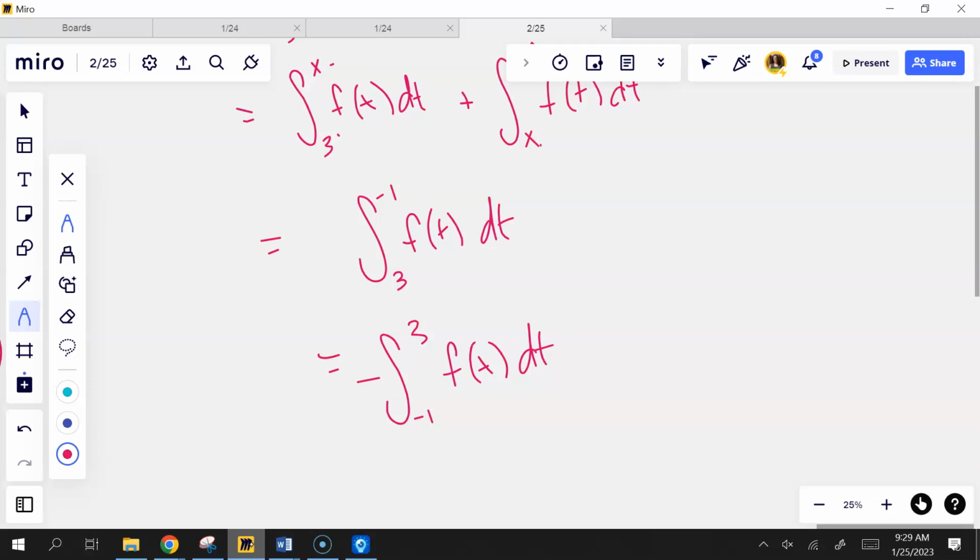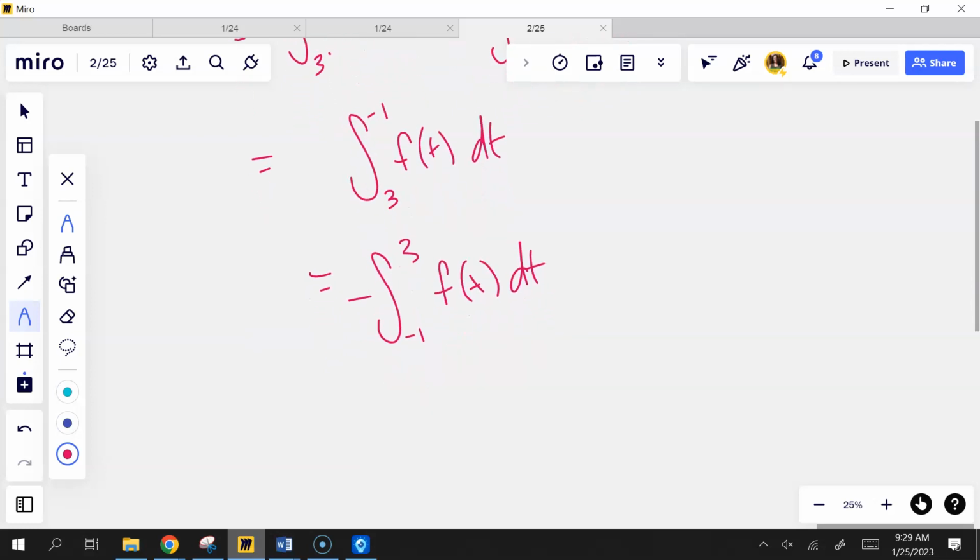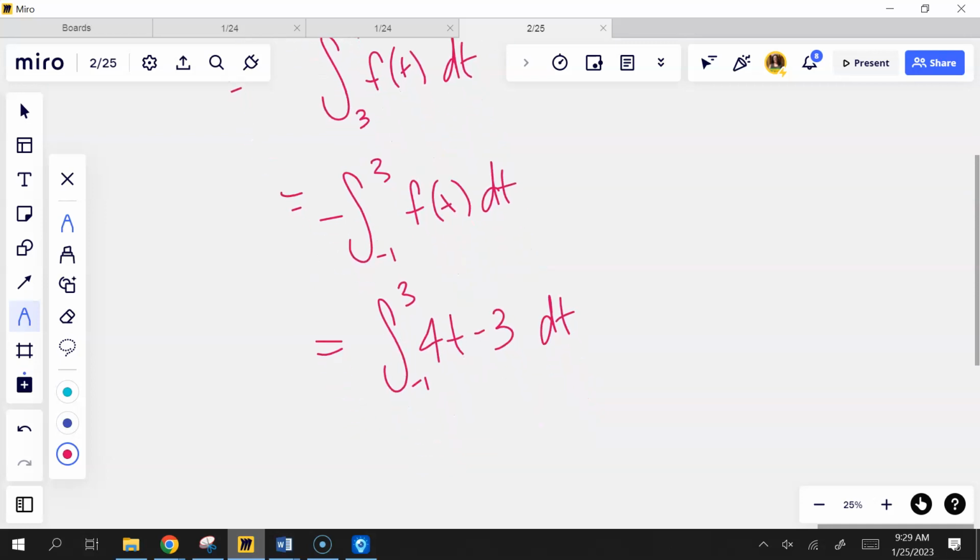So really what I'm doing is the antiderivative. If f of x is 4x minus 9, then this f of t, the variable doesn't even matter at this point because there's no other variables on here. So this is going to be the integral here, so I need the antiderivative.